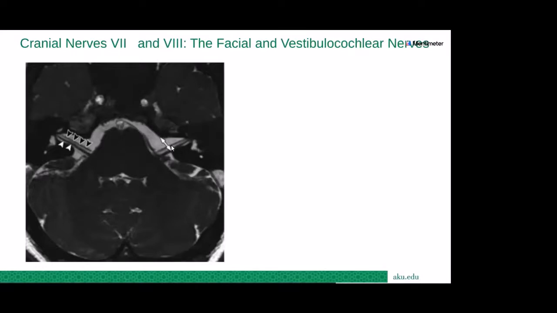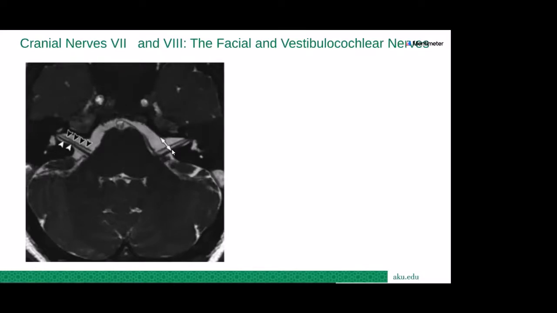They are running parallel to each other, but how can you differentiate which one is the facial nerve, which one is the cochlear nerve, which one is the vestibular nerve, because you are actually dealing with the four segments of the cranial nerve.